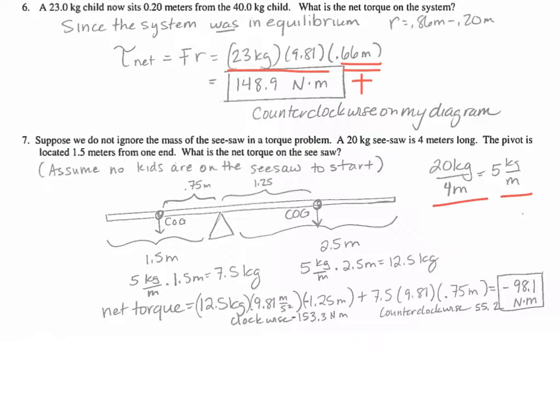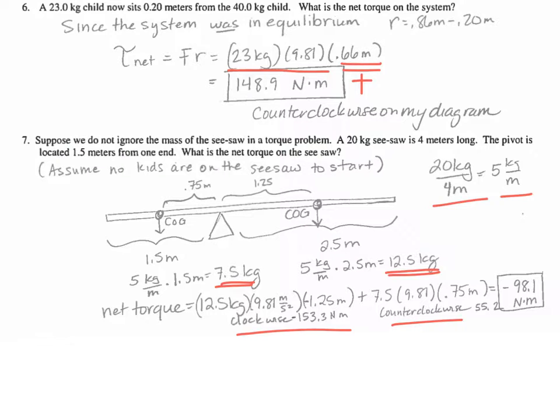Then I figured out that the left side of the seesaw has a mass of 7.5 kilograms, and the right side has a mass of 12.5 kilograms. Then I found the net torque by calculating the clockwise torque on the right side and the counterclockwise torque on the left side, and I wound up with a net torque of negative 98 Newton meters.